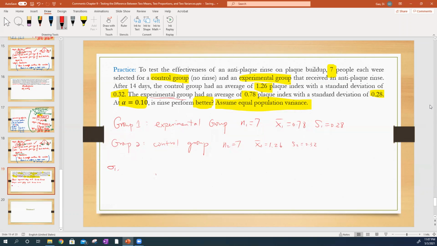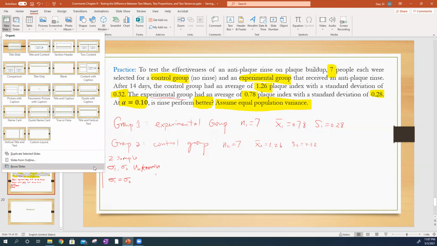So sigma 1, sigma 2 unknown. Of course, this is for the 2 sample case. Sigma 1, sigma 2 unknown. And then assume sigma 1 equals sigma 2. Okay, then we can start our 5 steps.